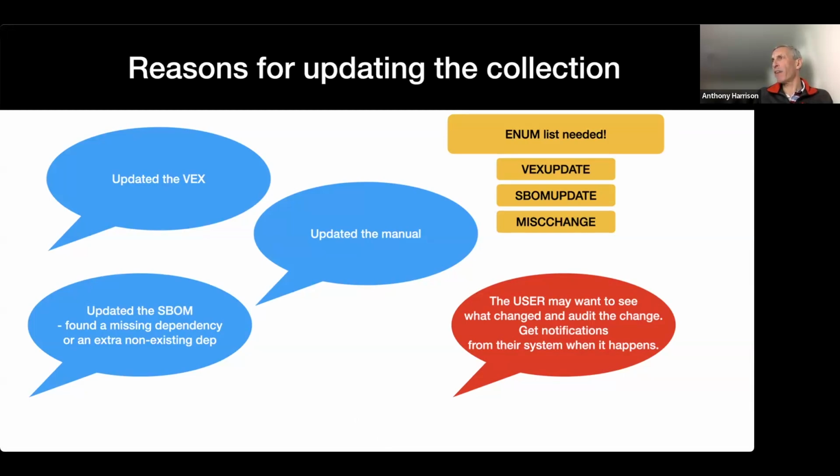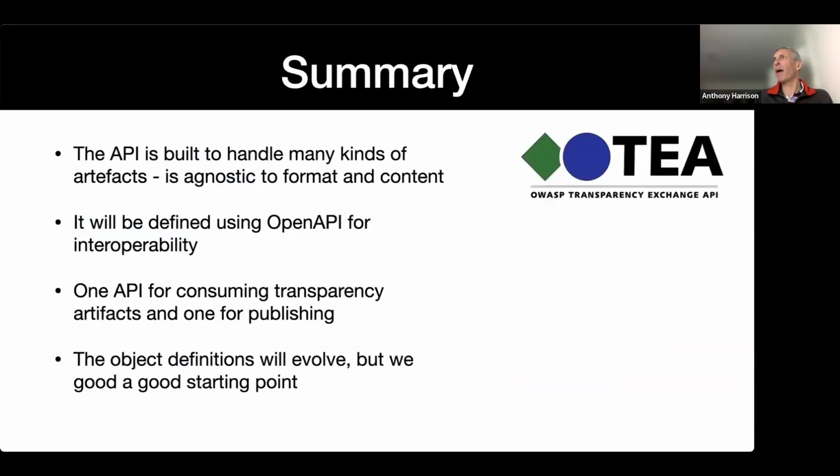Next slide, I think this is the final one. Okay, so the API is trying to be consistent. We're trying to have a very similar style for the index, the leafs, and the artifacts. So hopefully, by defining it through OpenAPI, we enable interoperability in various languages and architectures. This consistency between production and consumption, I think, is very key.